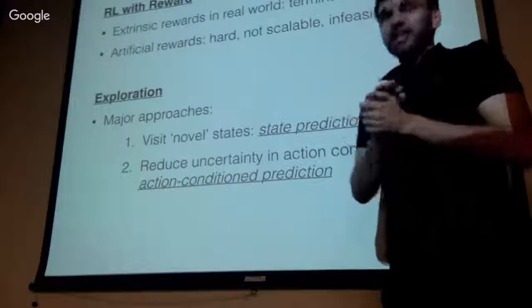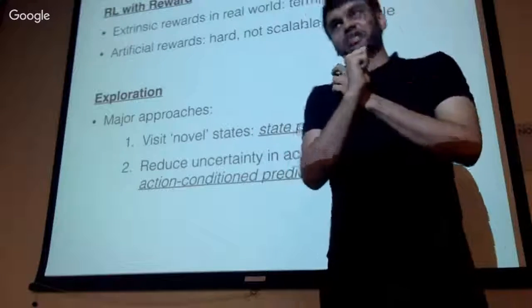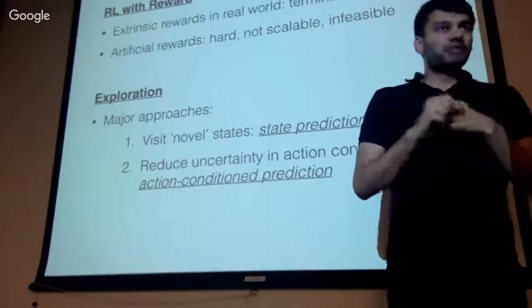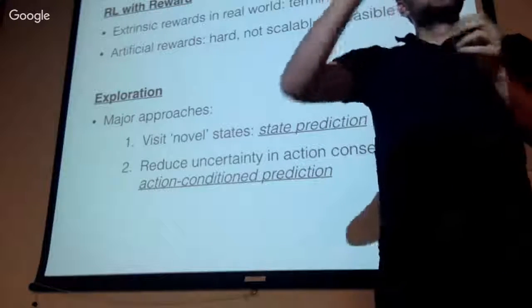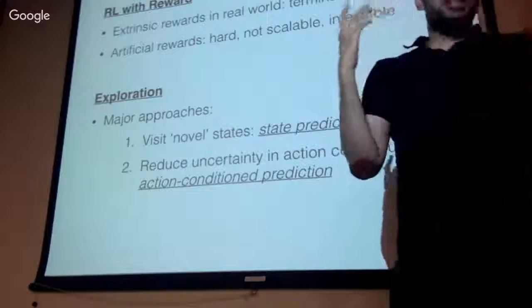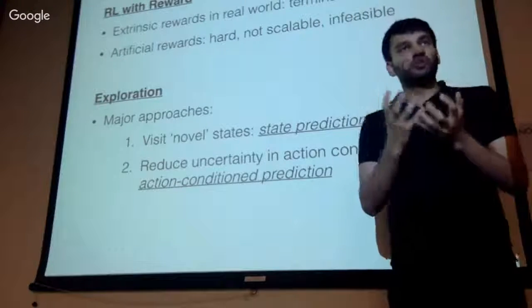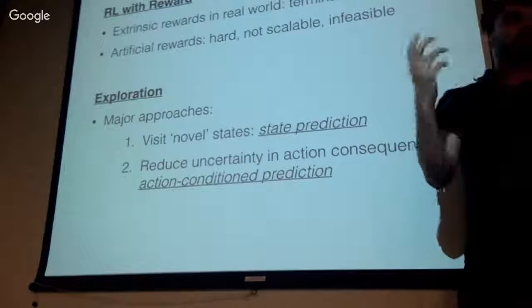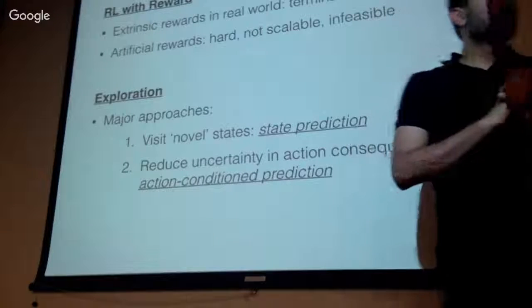But this formulation has a couple of major issues. First, building density models over images is hard. And even if you could build one, if you have dynamic objects in the environment, such as something moving around, it's very hard for probabilistic or any kind of density-based models to capture those modes. So the agent can get curious about things which are randomly moving in the environment and just get stuck over those modes.